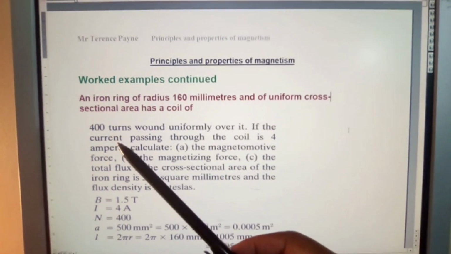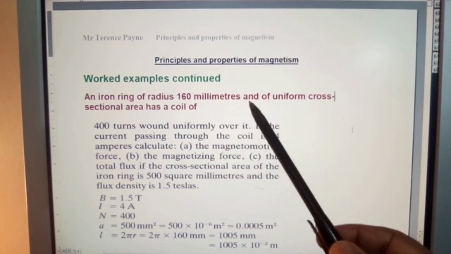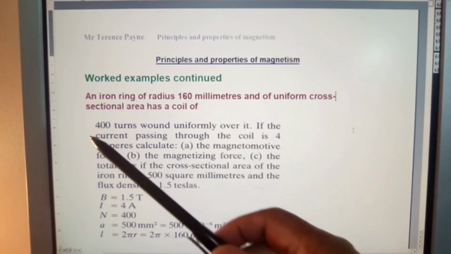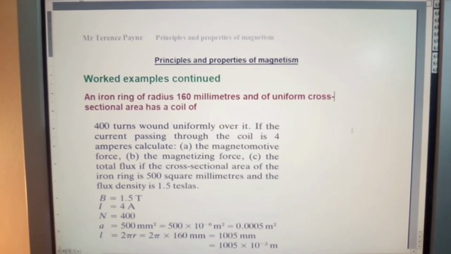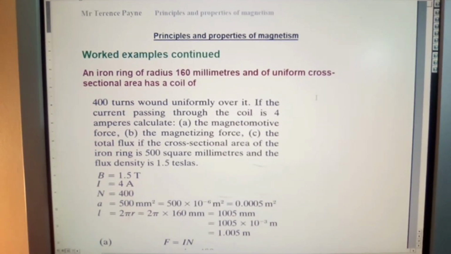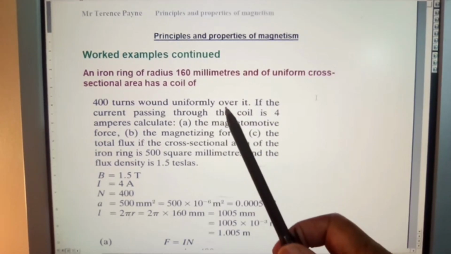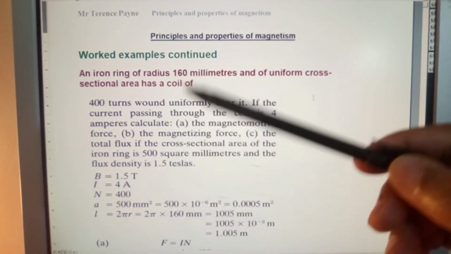Now, an iron ring of radius 160 millimeters and of uniform cross-sectional area has a coil of 400 turns wound uniformly over it. Now, uniform means it is wound in sequence.